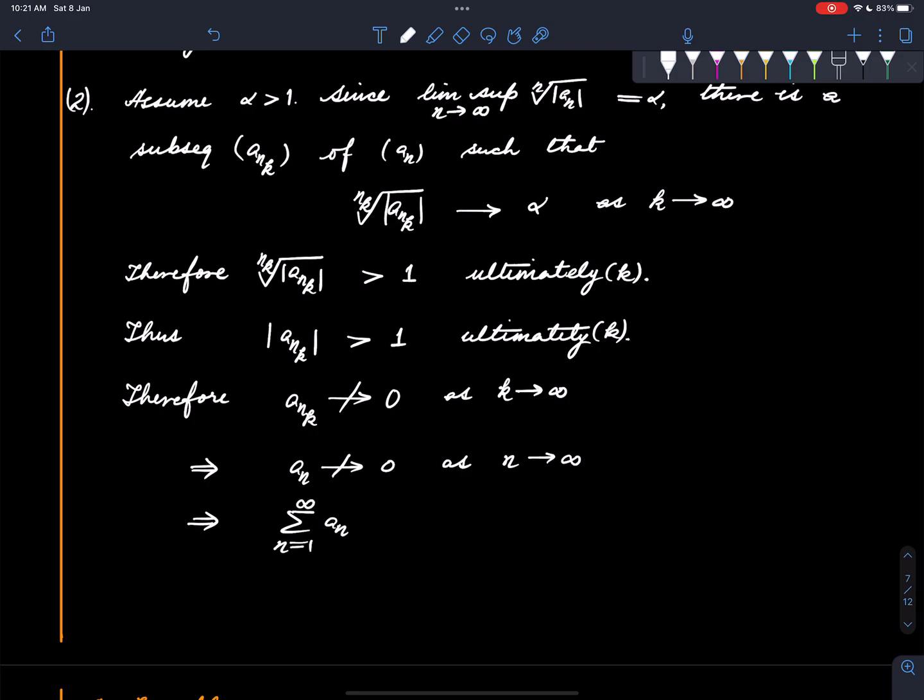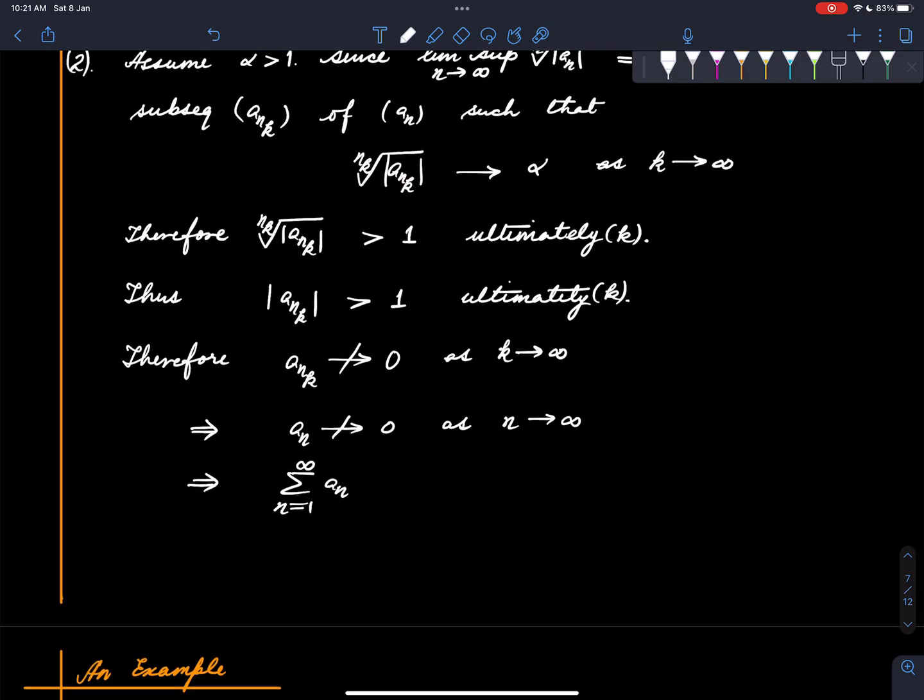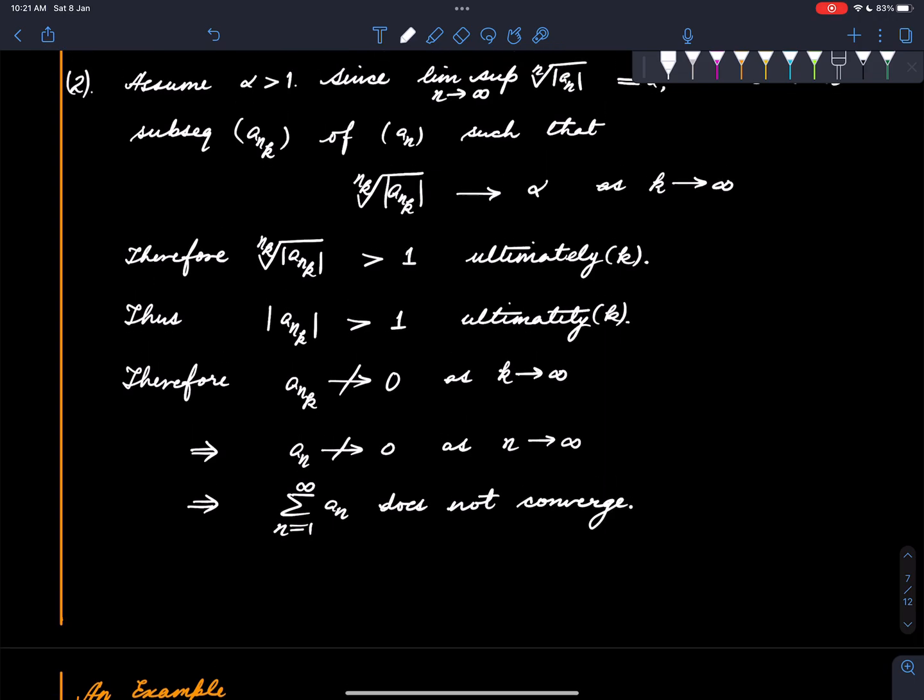Because one of the necessary conditions for a series to converge is that the summands converge to 0. So that proves 2.